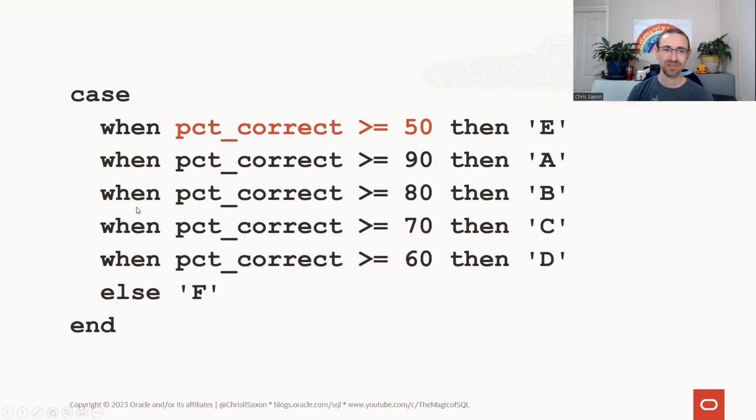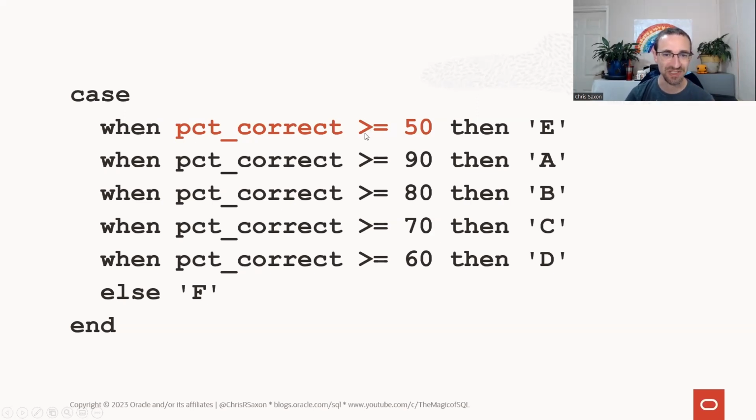So if we've got our case expression for our percentages correct, the database processes it from top to bottom. If you write your case expression like this, notice we're checking if the percentage correct is greater than 50 and assigning that to the letter E. Hopefully at this point, some of you can spot the fairly obvious looming problem with this. 50 is less than all the other values that we are checking here.